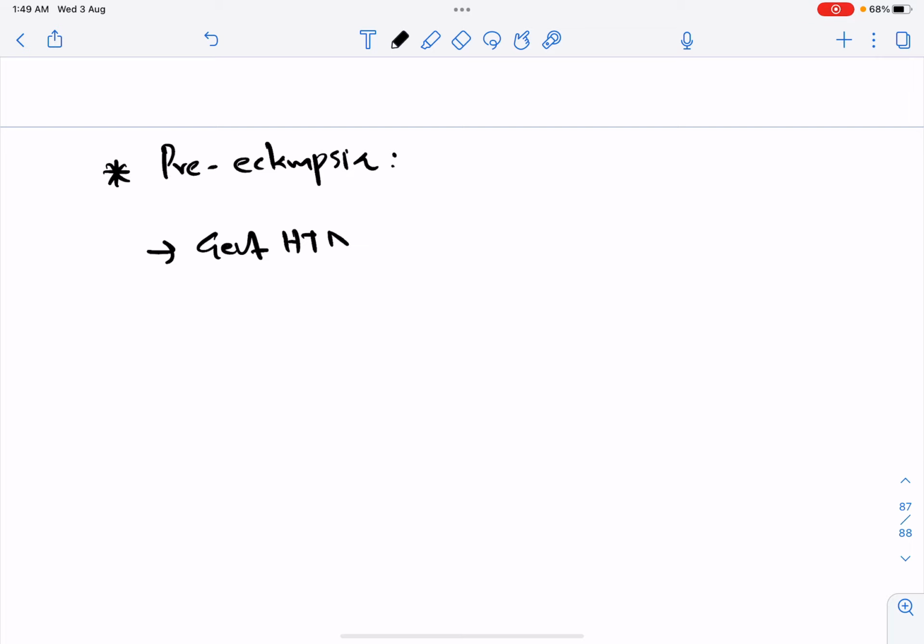Now moving on to the most important, preeclampsia. So the definition of preeclampsia: gestational hypertension should be present. That is BP more than 140/90, and in association with the gestational hypertension, proteinuria should be present, then only it is called preeclampsia.